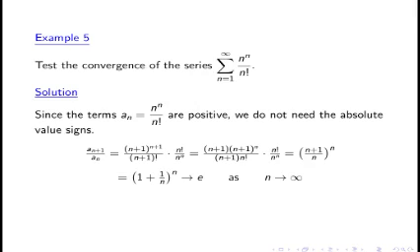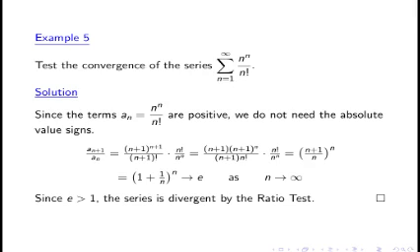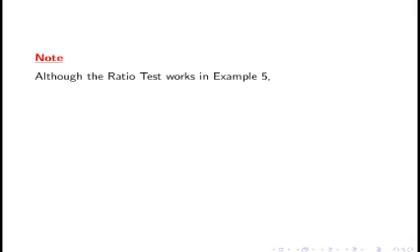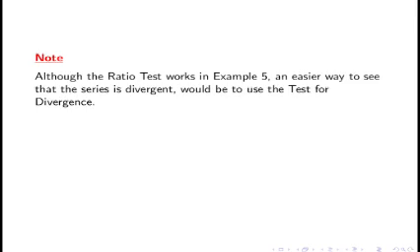the limit of that as n goes to infinity. Remember, that was one of the expressions that generated the number e in the Maths 1a module. And so e is bigger than 1, and so the series is divergent by the ratio test. Although the ratio test works in example 5, an easier way to see that the series is divergent would be to use the test for divergence, since an is equal to n to the n divided by n factorial.